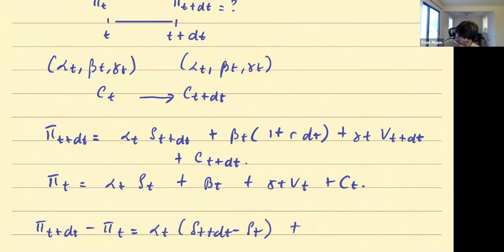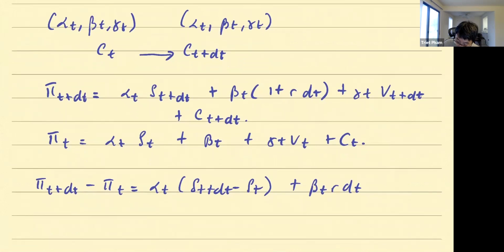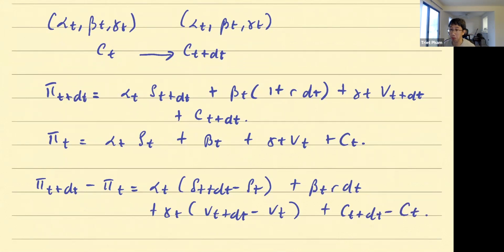The cash portion is just beta t times r dt. That's the interest that you earn. And then gamma times V t plus dt minus V t, and then C t plus dt, sorry, minus C t. Okay, like that.